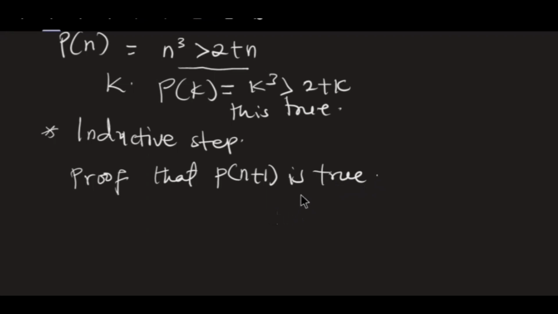What this means is that we first made a guess that P at k, or any assumed number which is a natural number, is always true. If that is true, then to know that our statement is true for all natural numbers, it should be true for our n plus 1 stage.